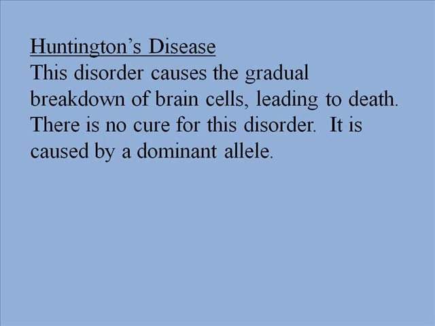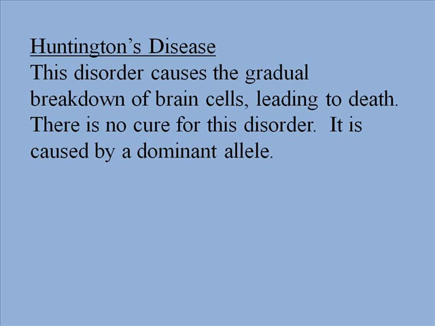The last disorder I'm going to talk about is one that's caused by a dominant gene. This one can be kind of rough, because if you get the dominant gene, it doesn't matter what your other gene is, you're going to have this disorder. This disorder is called Huntington's disease.